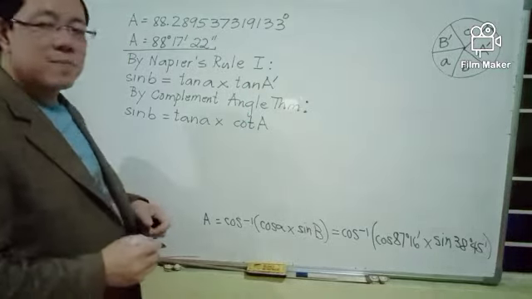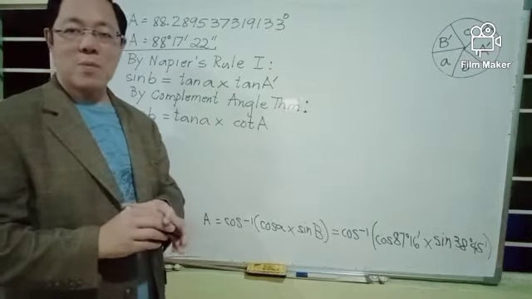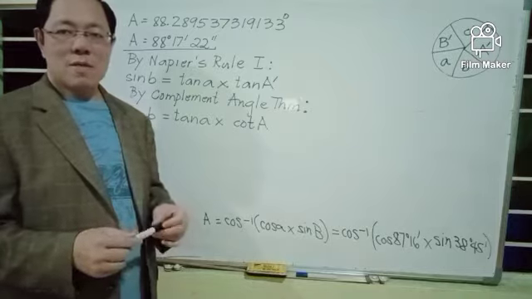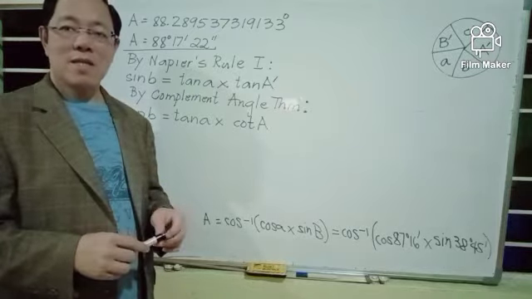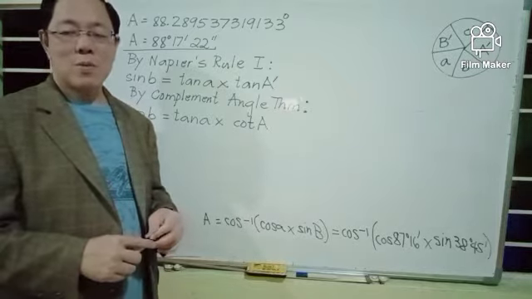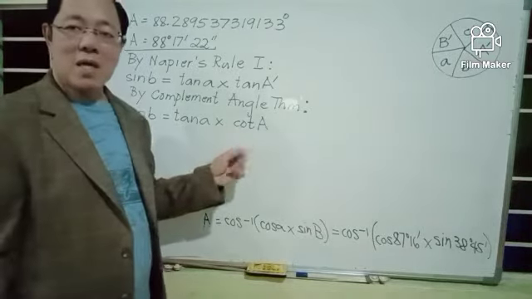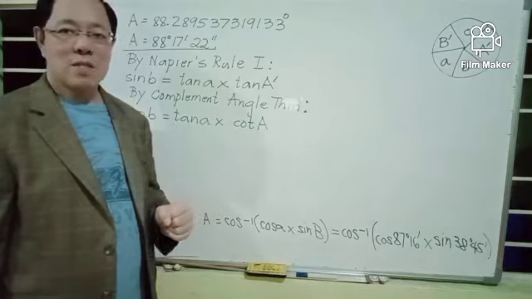By using one of the reciprocal relations, which is a trigonometric identity that you must have taken in plane trigonometry, cotangent of A is the reciprocal of tangent.